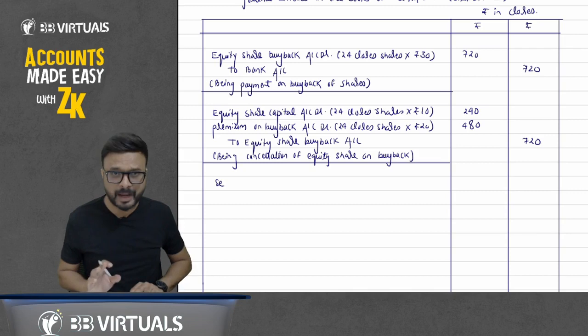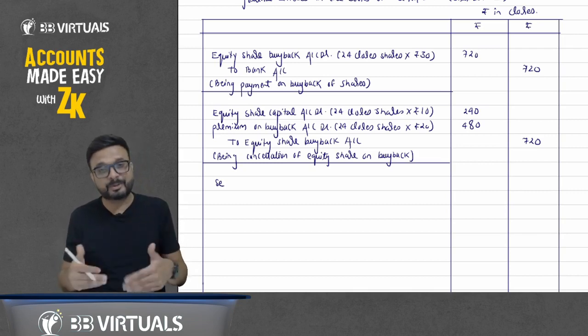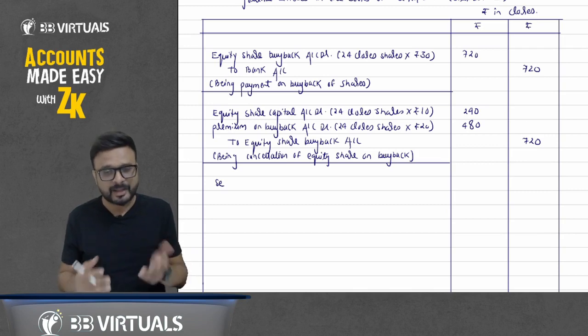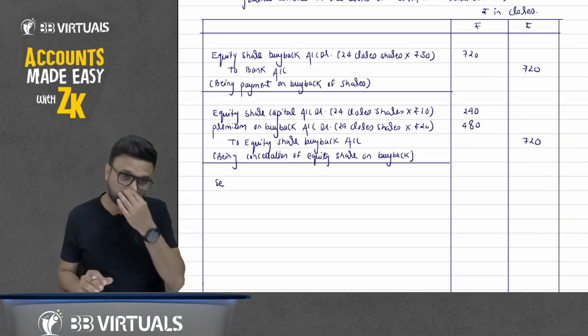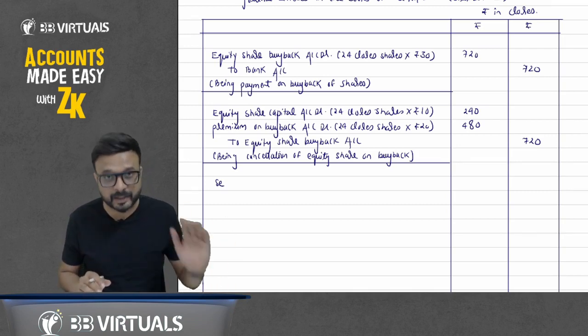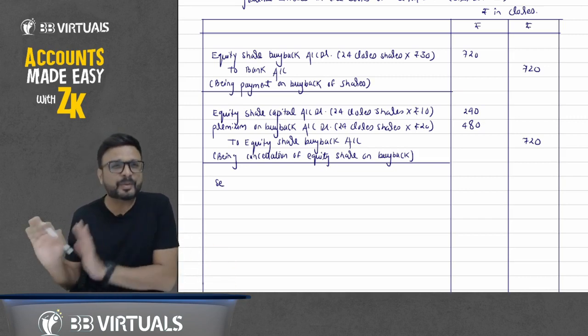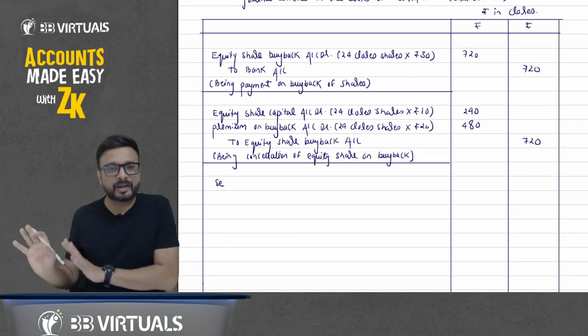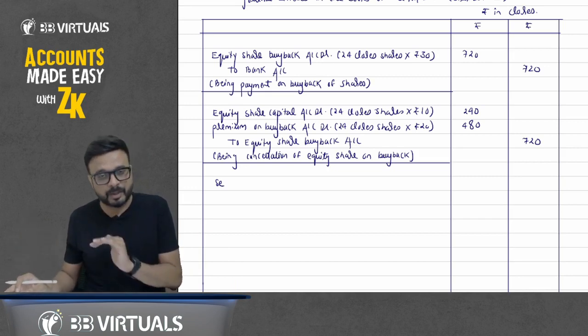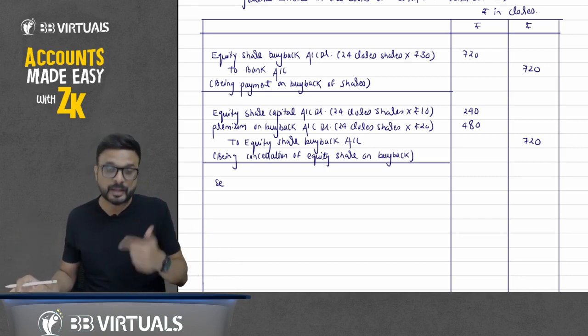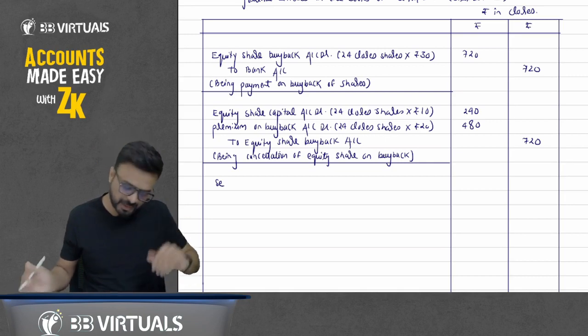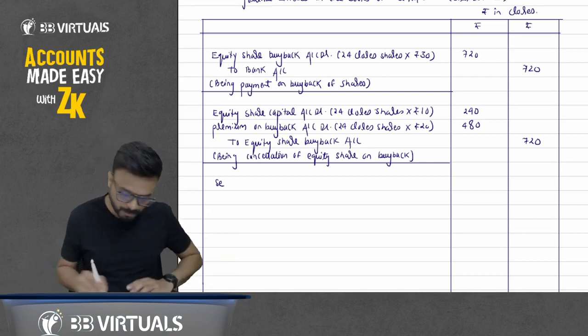For premium on buyback, we can utilize securities premium also. For premium on redemption of preference shares also we can utilize it, but there is one condition: securities premium cannot be utilized by a company that is following accounting standards. Generally companies follow accounting standards, so we avoid utilizing securities premium to write off premium on redemption of preference shares. Anyway, for premium on buyback, no problem.